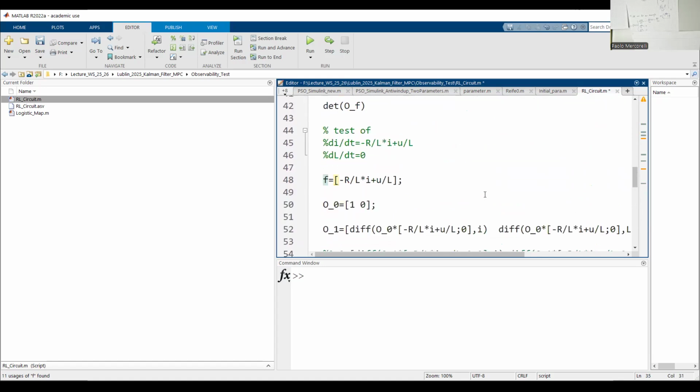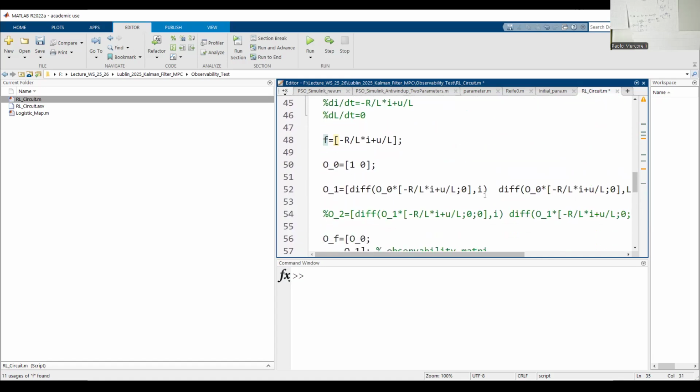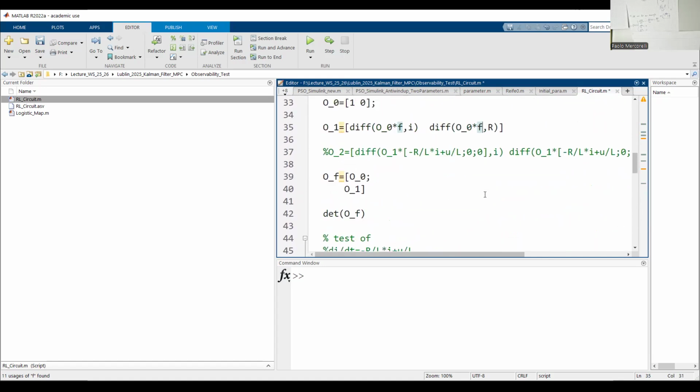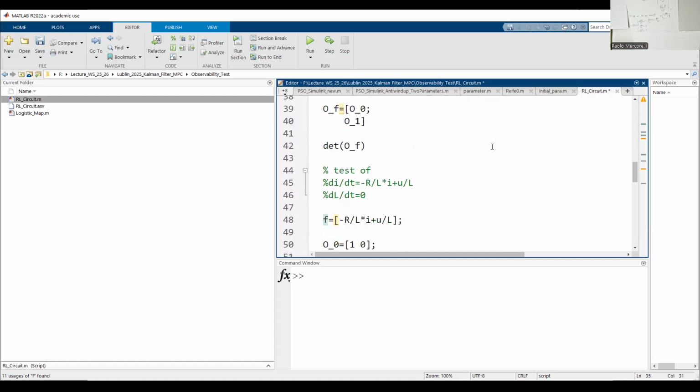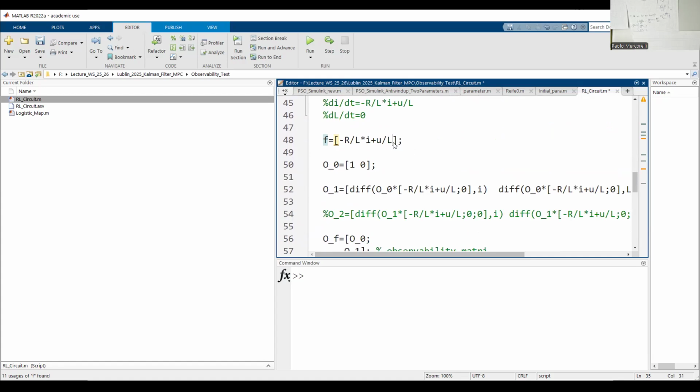Why do I calculate twice? Okay, once with R and once with L, as I told you before. Yeah, this is with L. I don't know if it's clear.